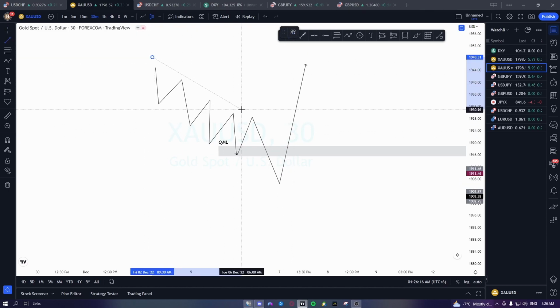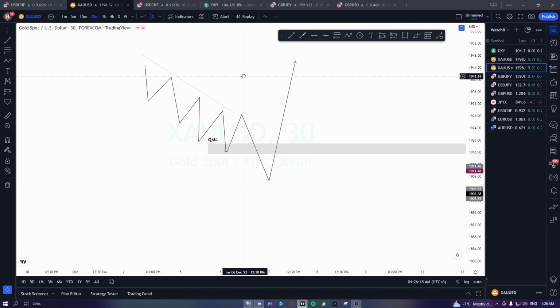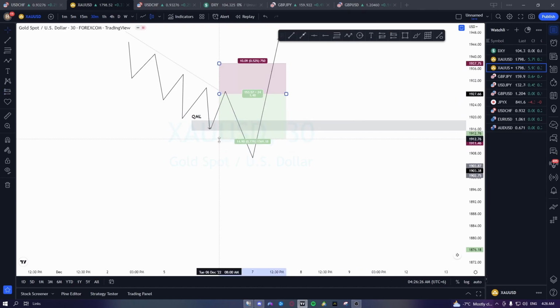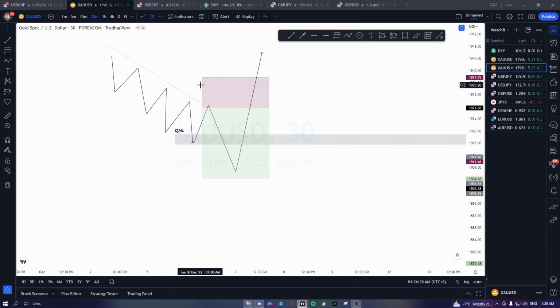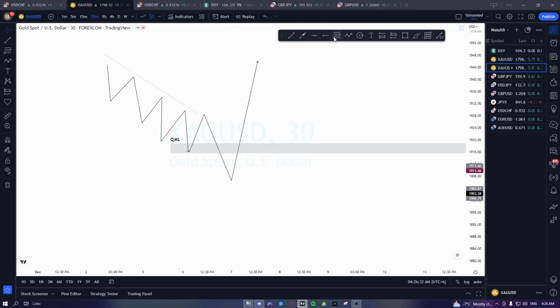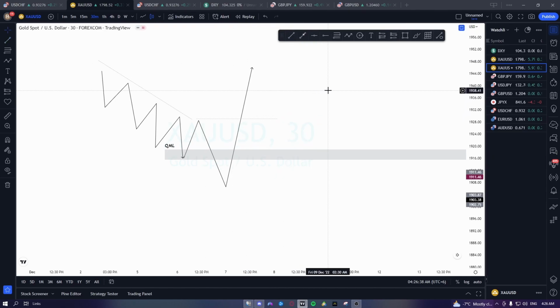Then sellers will take sells from here, stops just above, targeting new lows, and then it just flips, hitting their stops. After that, they will see the break of structure here, the change of character.